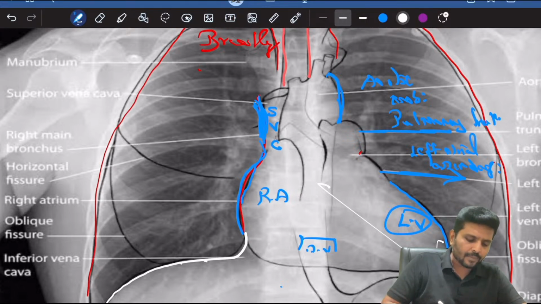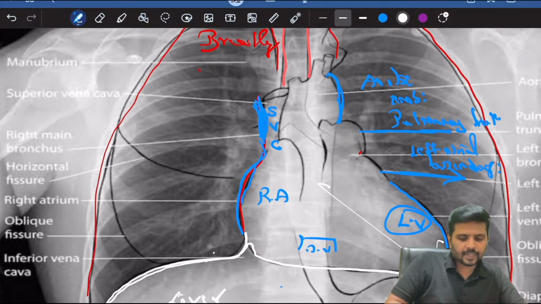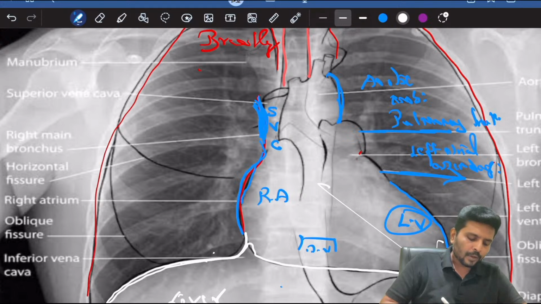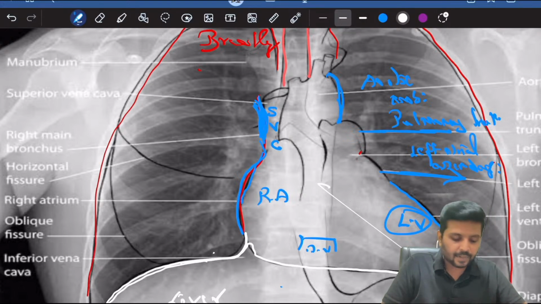Usually the right diaphragm is a little bit up compared to the left, not so much up, because of the presence of liver here. Usually you can trace the diaphragm from here and then it comes to the heart border and then you can trace the diaphragm down to the other side. Remember, what are all the things you need to see in diaphragm?